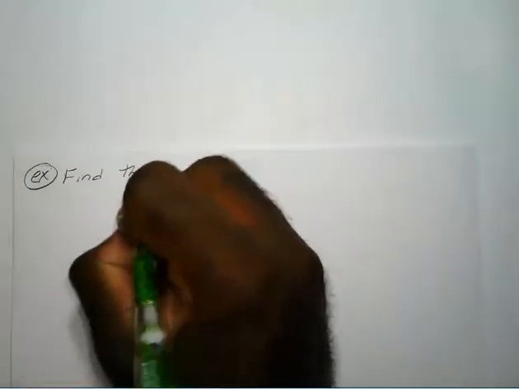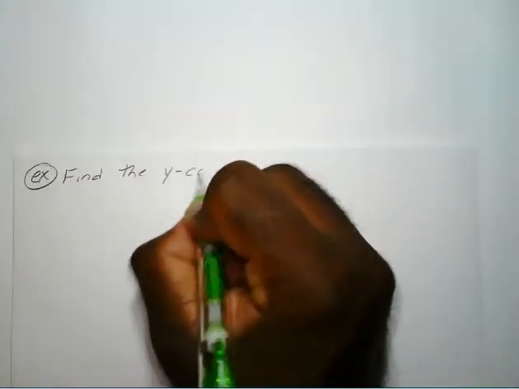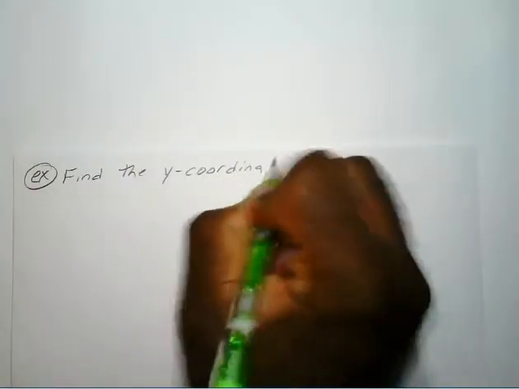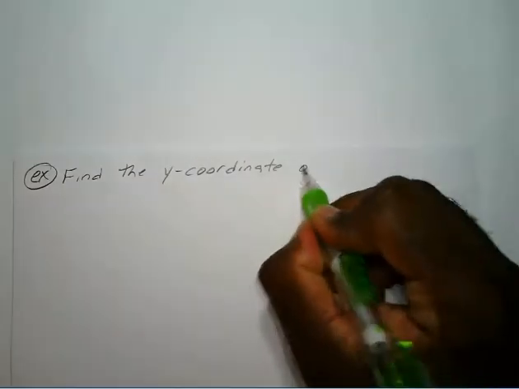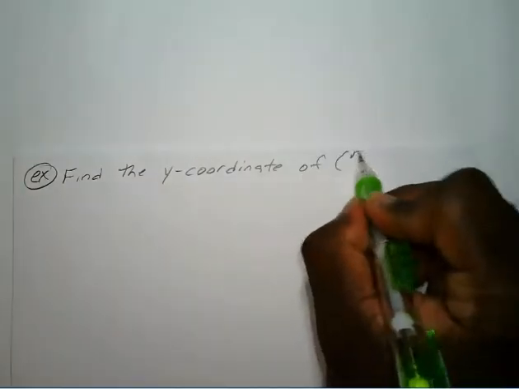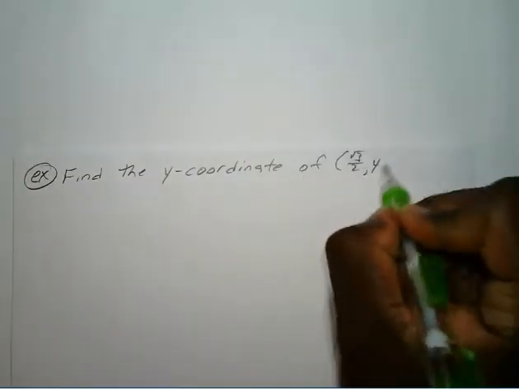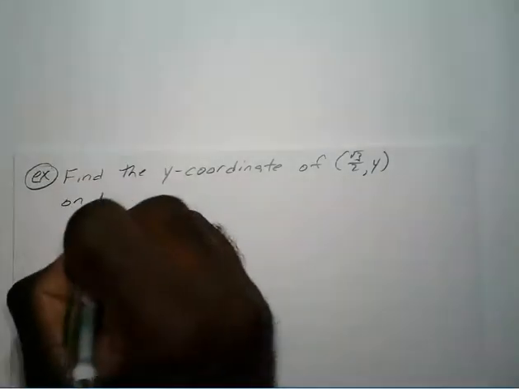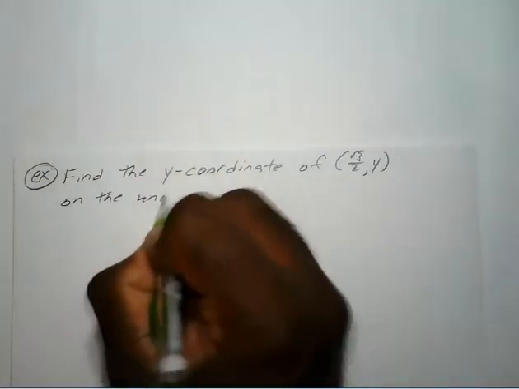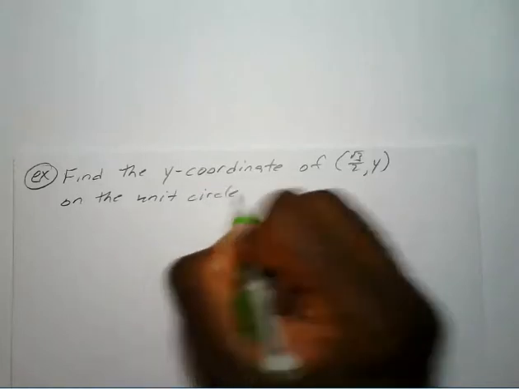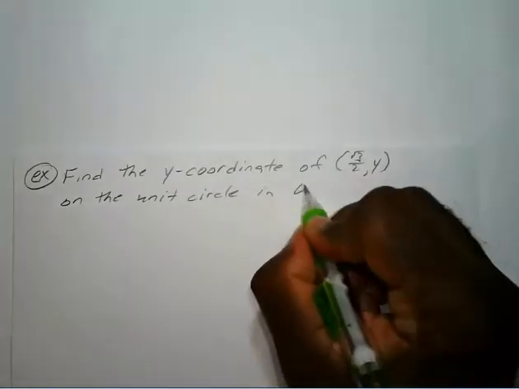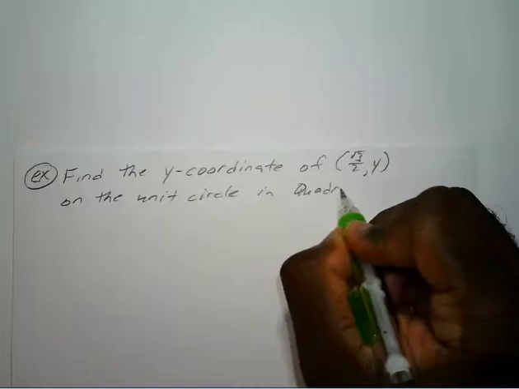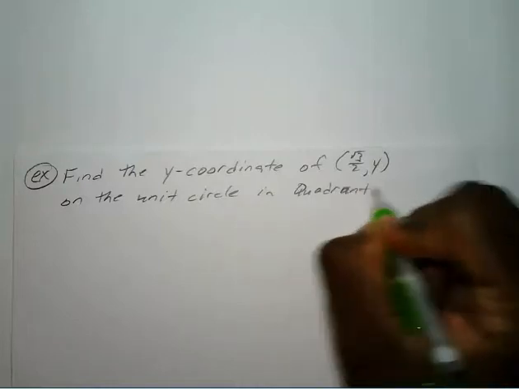Okay, so let's say, for example, we want to find the y coordinate of square root of 3 over 2 on the unit circle in quadrant 4.